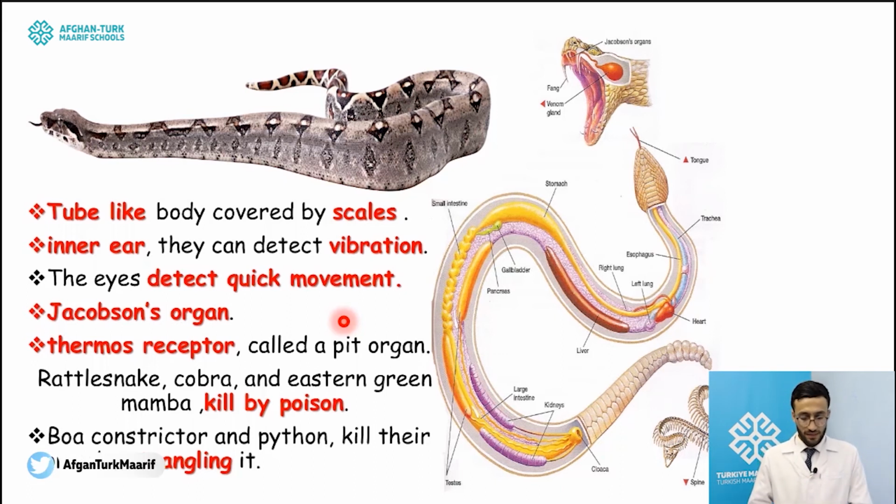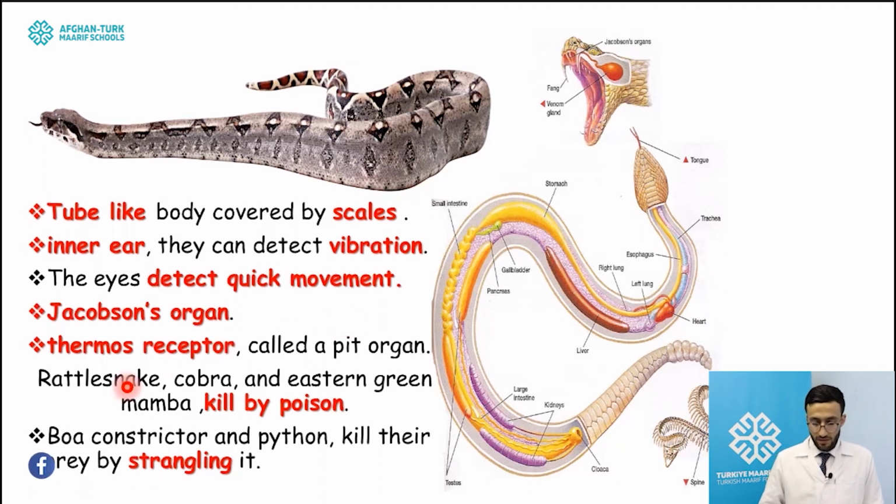Most of the snakes produce venom, or they kill their prey by poison, like the rattlesnake, cobra, and eastern green mamba. They all kill their prey by producing venom. But there are other species of snakes that possess a strong muscular system, like the boa constrictor and python, which kill their prey by strangling it.